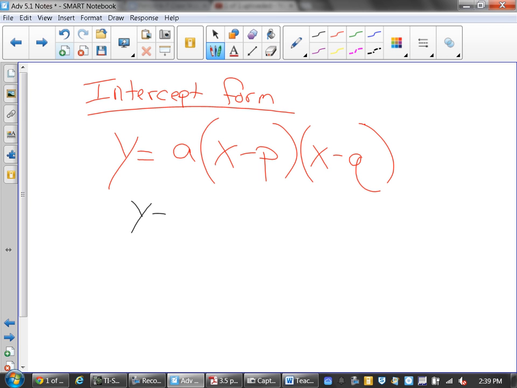Y equals negative 2, times x plus 4, times x minus 6. If I want to graph that via intercepts, the first thing I have to figure out is, what are my zeros?